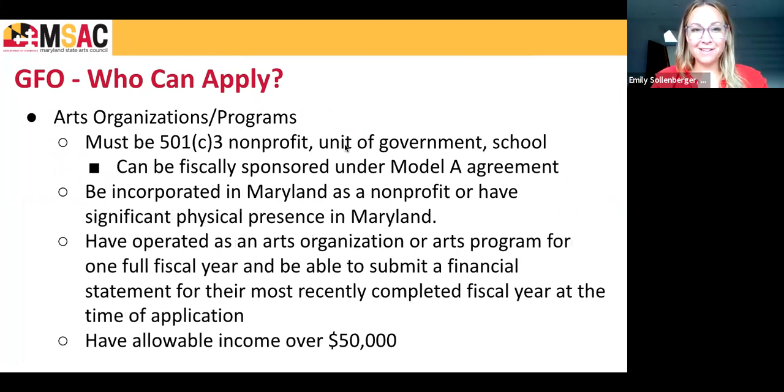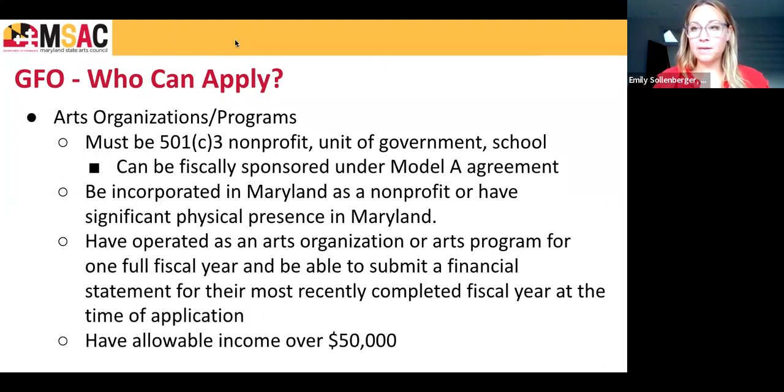Okay, so some further eligibility here. Arts organizations and programs must be a 501c3 nonprofit, a unit of government, a school, and they can also be fiscally sponsored under what we call a Model A agreement. That would be that a fiscal sponsor would have financial oversight and really provide that fiscal oversight for an organization.